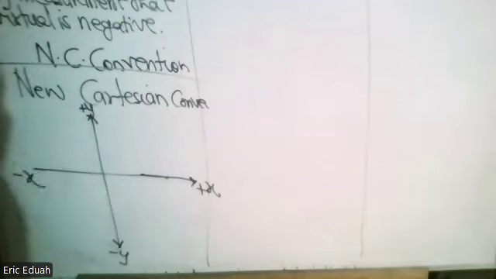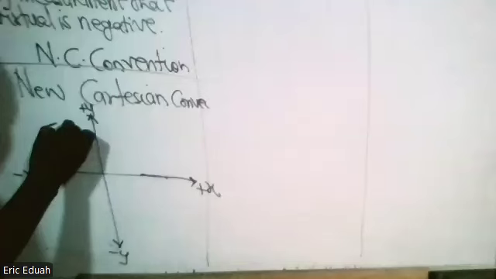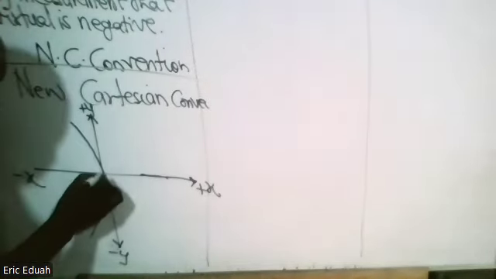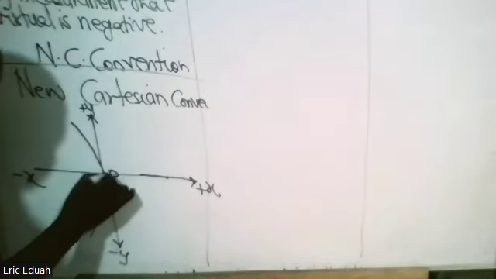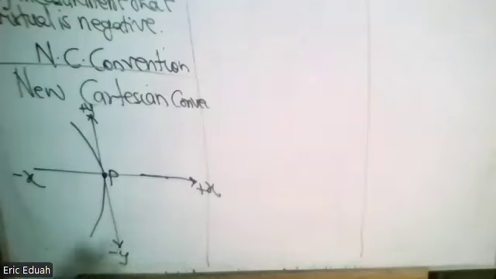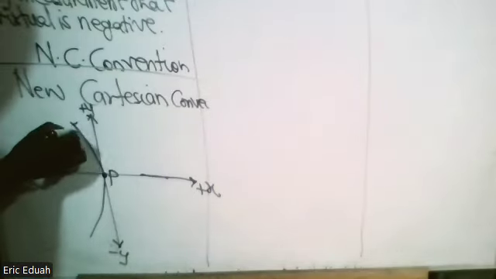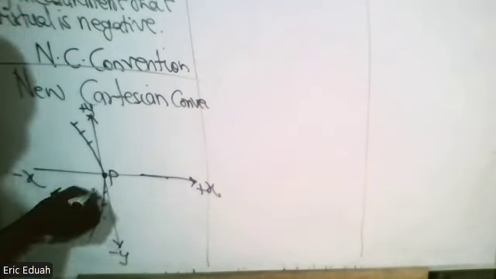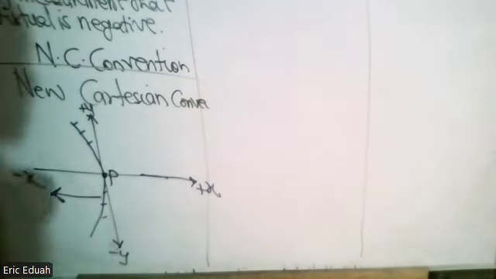And this is something you know. So if it's about a mirror, measurements start from the pole. Any measurement, don't forget, is always taken from the pole. Any measurement that occurs in front of the mirror is treated negative because it falls within the negative x-axis.